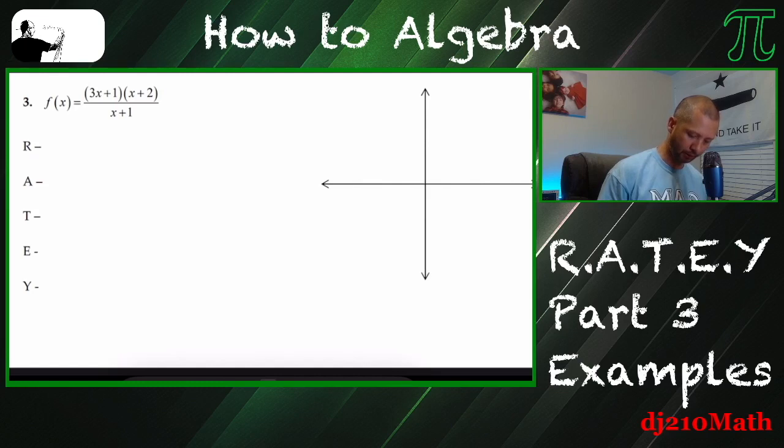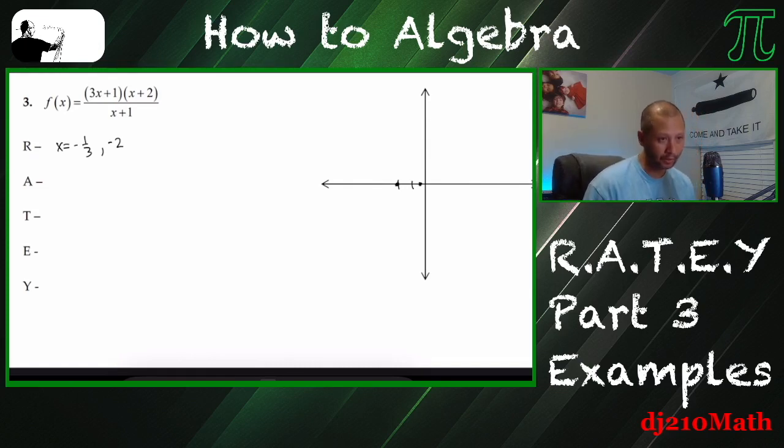So this is going to be x is equal to negative 1/3 and negative 2. So at x equals negative 1/3 and x equals negative 2. That's where it's going to cross the x-axis.